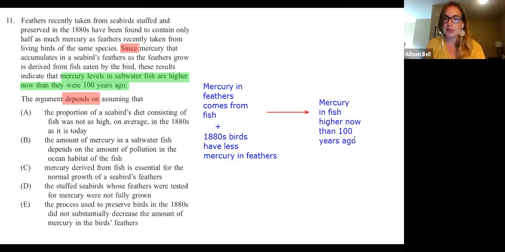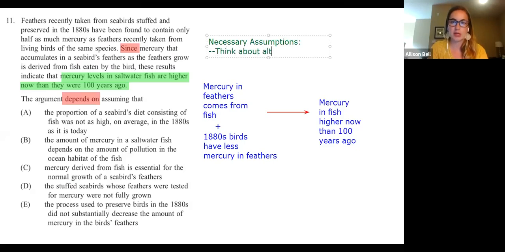So they've come to the conclusion that's because there's more mercury in the fish. More mercury in the feathers of birds today means more mercury in the fish of birds today. This question is a great one for us to think about something that comes up a lot on necessary assumption questions, which is thinking about alternative explanations.